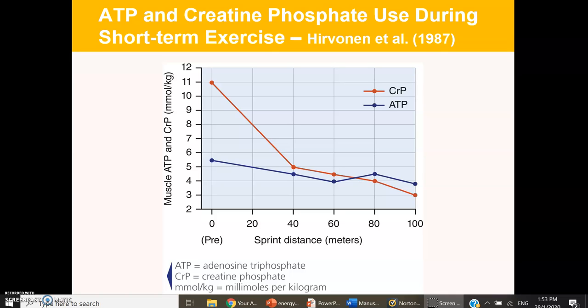At very high intensity of exercise, it takes approximately 5 to 10 seconds for creatine phosphate in muscle to be depleted and fatigue to occur. So it is said that the duration of the creatine phosphate energy system is approximately 5 to 10 seconds.